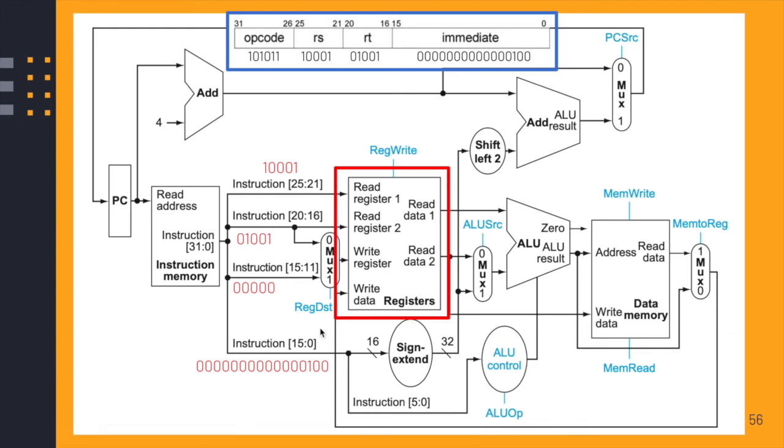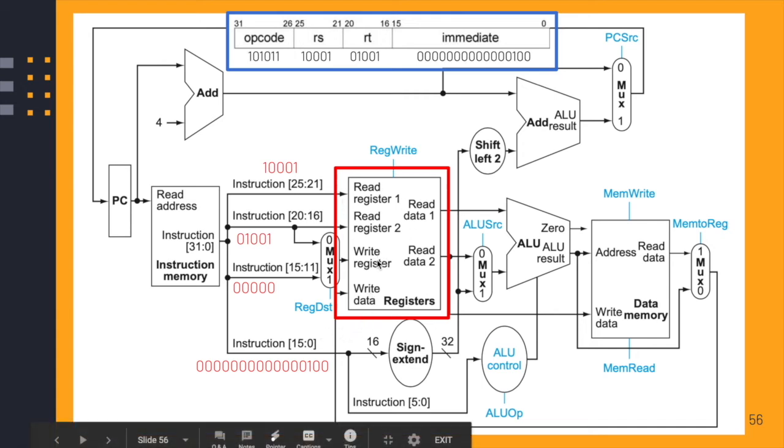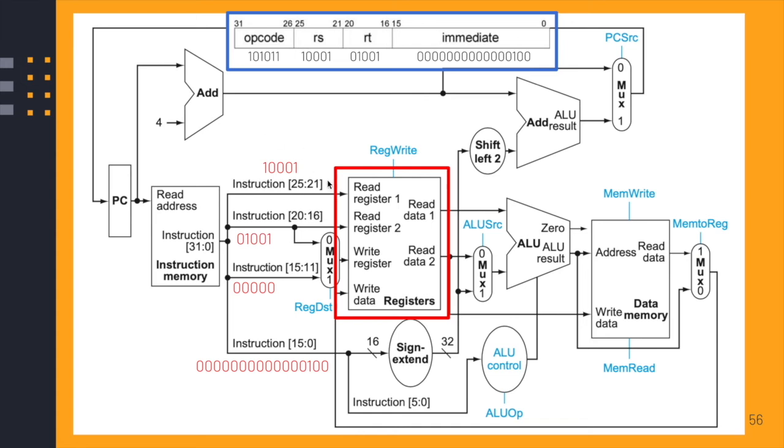The second step of the instruction decode is to actually get the values from the register file. As you can see, we will always retrieve the value of register RS, which is read register 1. So we will try to retrieve the value of RS and output it on line read data 1. And since we are a store word instruction, actually the value of register RT is very important to us.